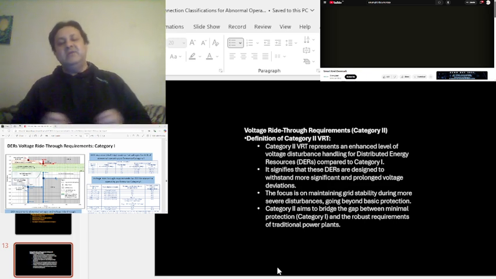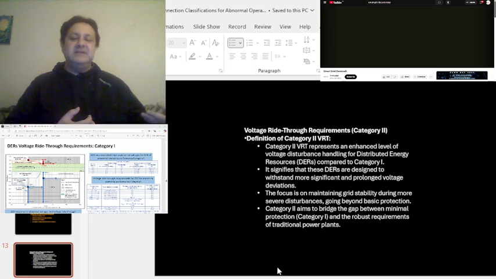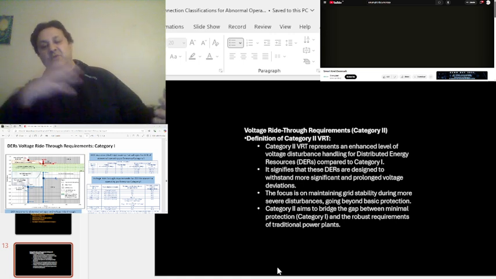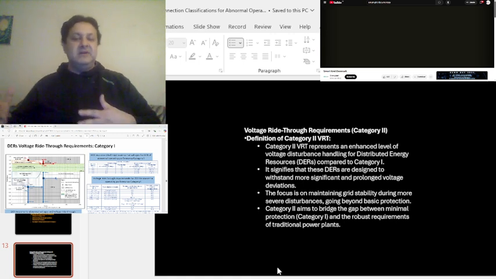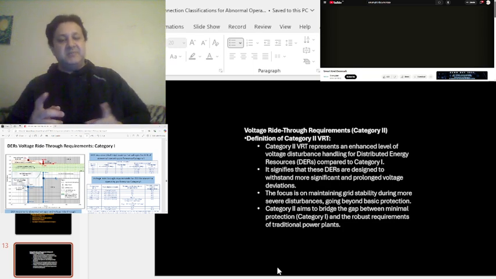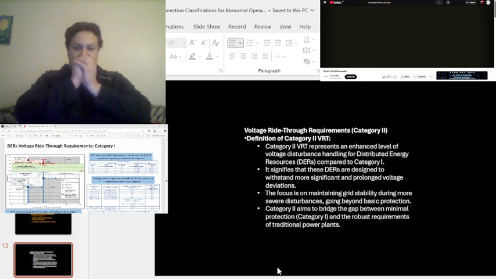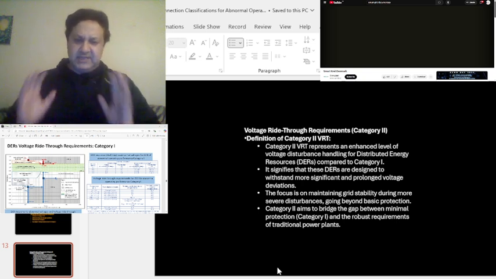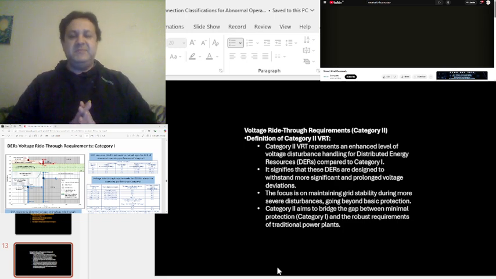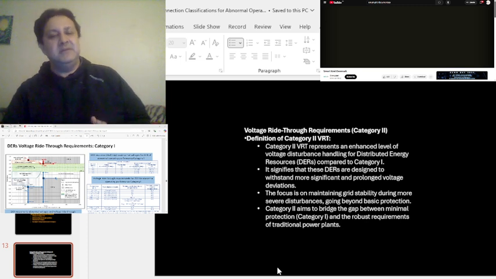So category two aims to bridge the gap between minimal protection, that is category one, and the robust requirements of traditional power plants. When I talk about traditional power plants, it means they may not be DERs. So this category 2 is somewhere between category 1 and the robust requirements of traditional power plants.